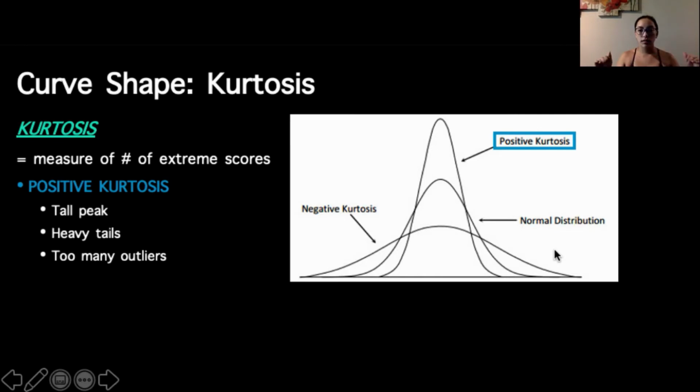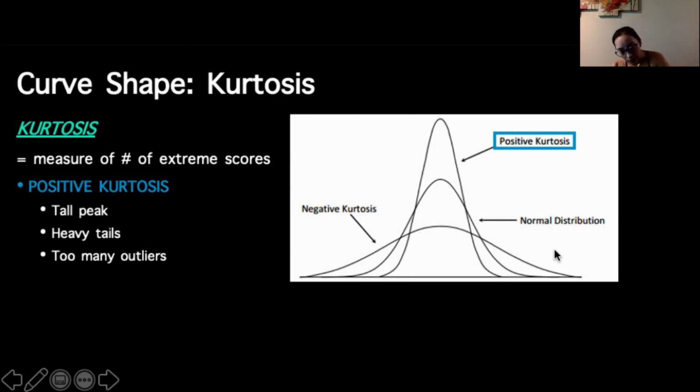And those long, heavy tails are going to be indicative of a lot of outliers, right? So when we create our normal distribution, we have a frequency distribution. That frequency distribution is like, think of a bunch of bars. We overlay the curve on top of that. In a positive kurtosis, you might have one occurrence of a lot of different values, and then a really large jump in frequency value.